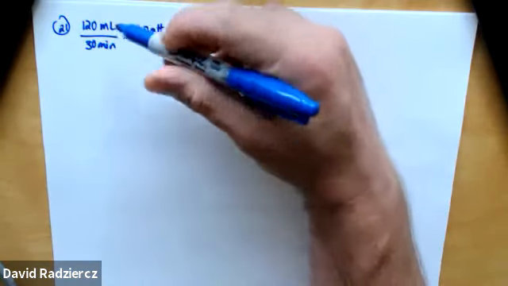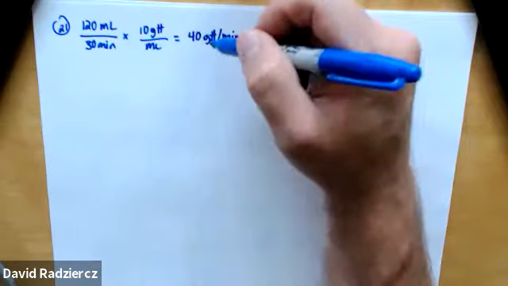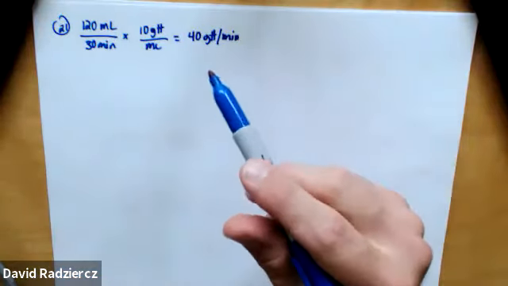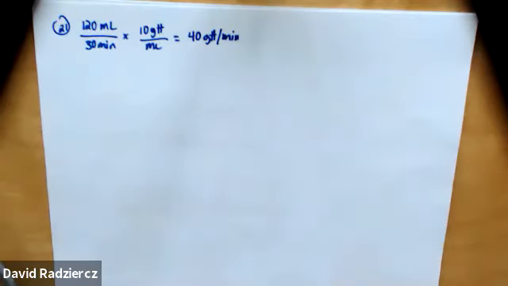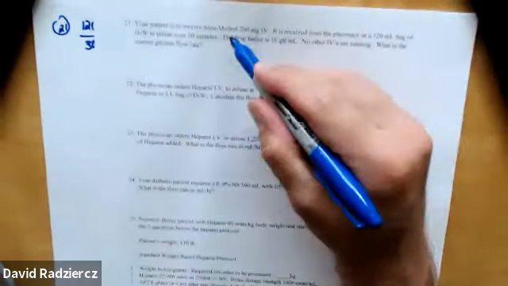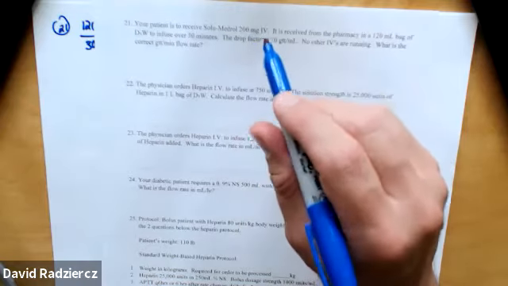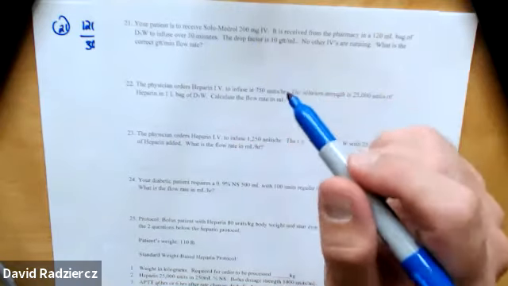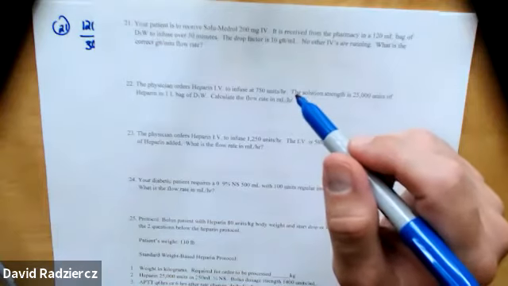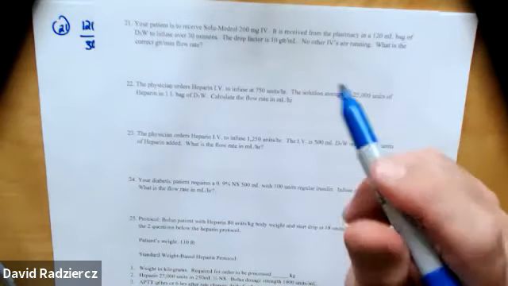Or multiply 120 times 10 divided by 30 and you'll get to the same answer, 40. But in question 21, the extra piece of information is that 200 milligrams of the Solumedrol. We don't need to know that information in order to calculate flow rate. The only thing we need to calculate drop rate is the flow rate in milliliters per hour, or in this instance milliliters per minute, and the drop factor.